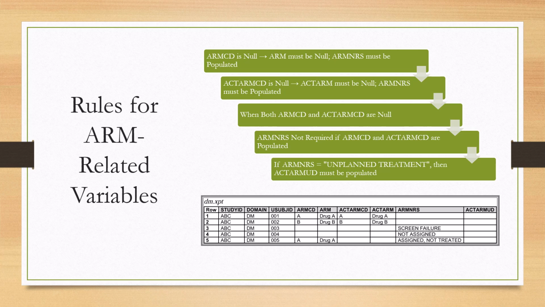In this case, since the subject is going as planned, we do not have anything to add to this information. So we are keeping the ARM NRS variables as missing.